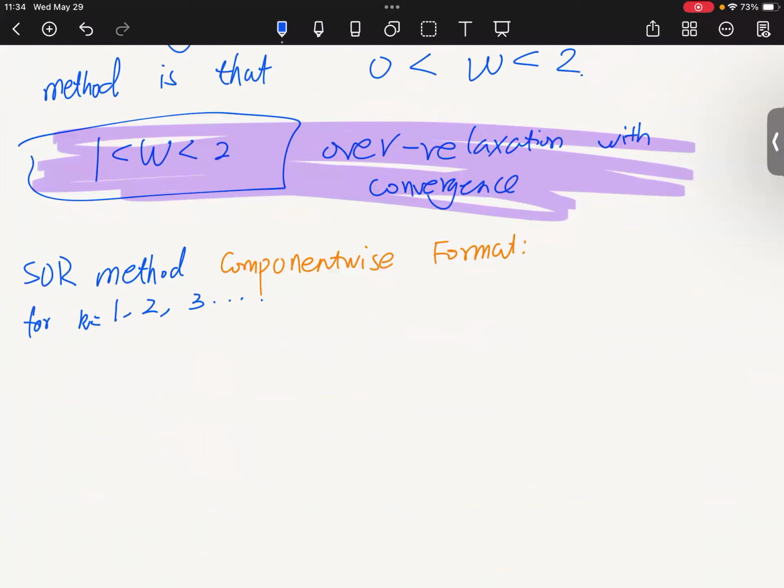The component-wise expression: x_i on the left-hand side is the i-th component of the k-th iteration vector, and it's computed by a_ii x_i^(k-1), that is the previous step result, minus omega times the sum over j equals 1 to i minus 1 of a_ij x_j. This is the current step result.